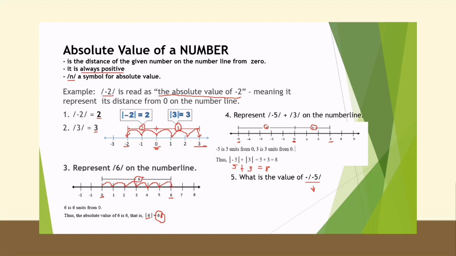So the absolute value of negative 5 is positive 5. Since we have a negative outside, you just affix the negative sign. Therefore, negative times the absolute value of negative 5 is equal to negative 5.